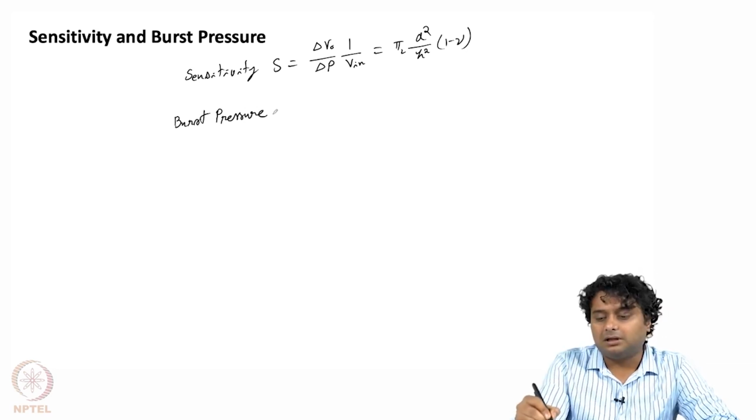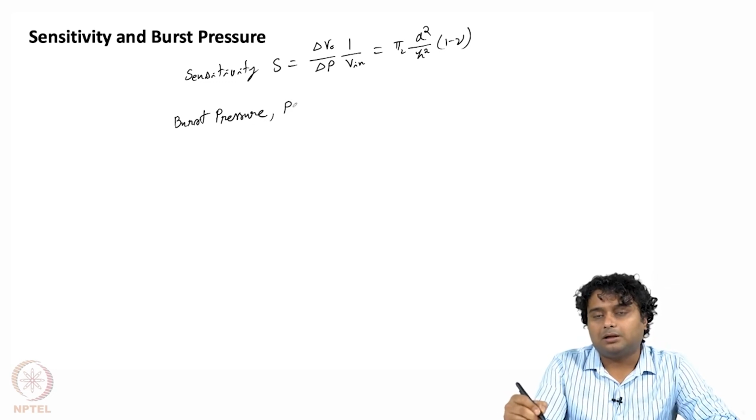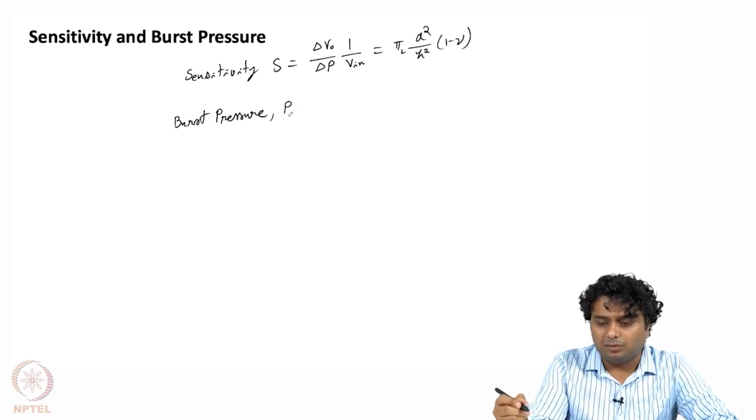Burst pressure is the maximum pressure that can be applied on the membrane. If we apply more than the burst pressure, then the membrane will get damaged, or burst, or break.